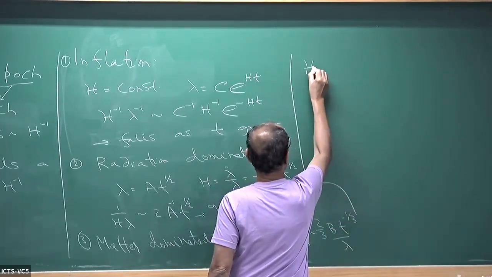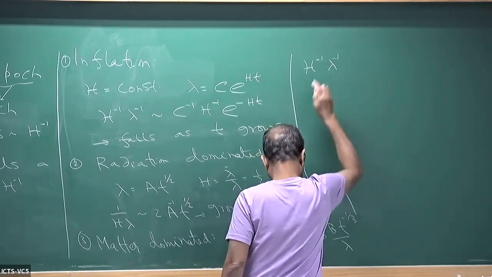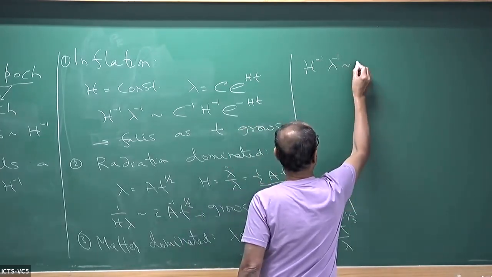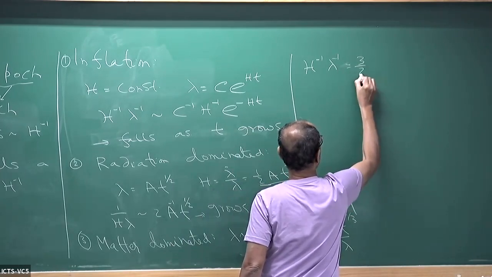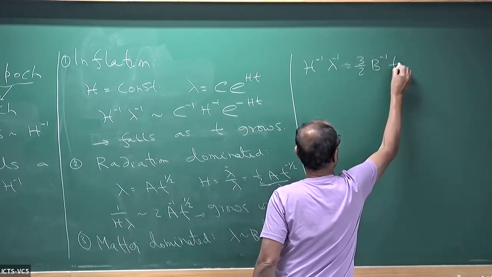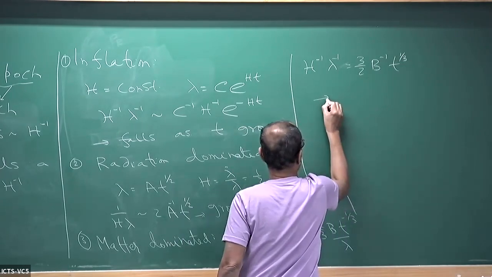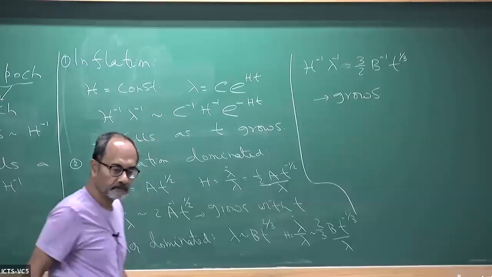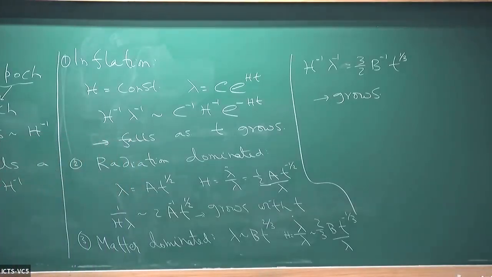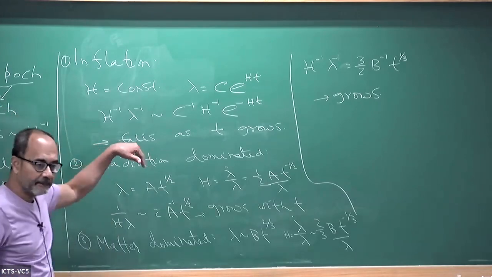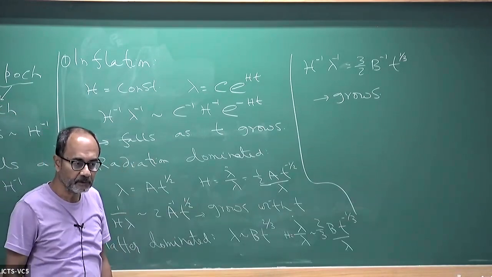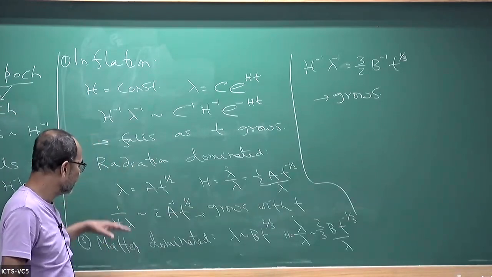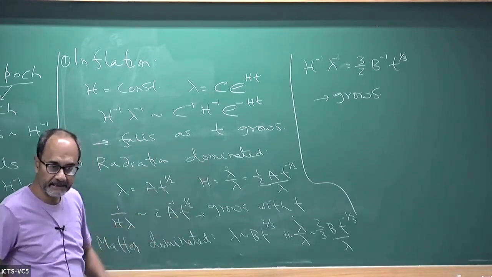So h inverse lambda inverse goes as 3/2 b inverse t to the 1/3. So it again grows. The net upshot is that during inflation, this h inverse lambda inverse is decreasing, whereas during radiation and matter domination, it's increasing as a function of t.